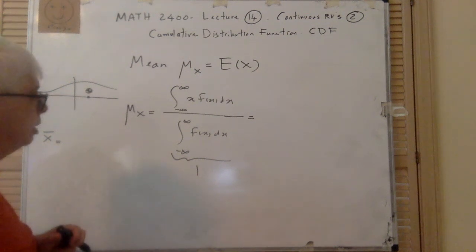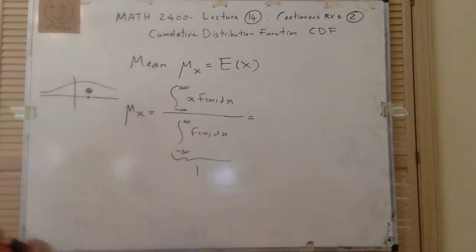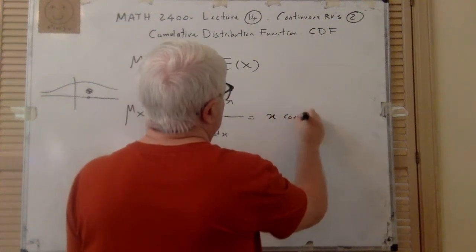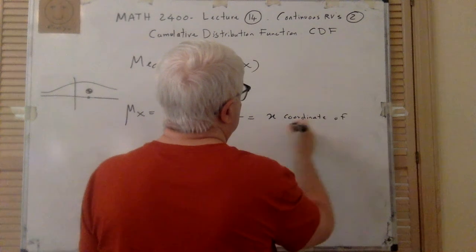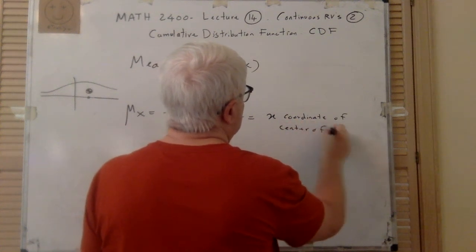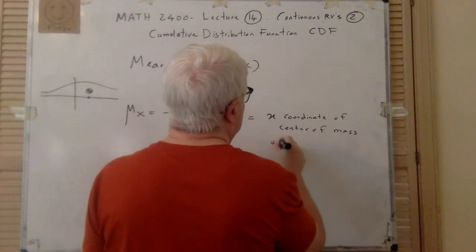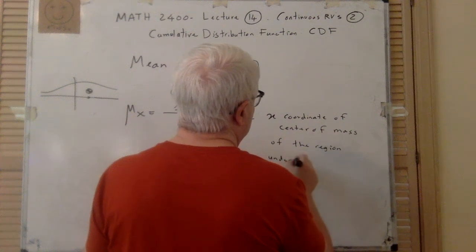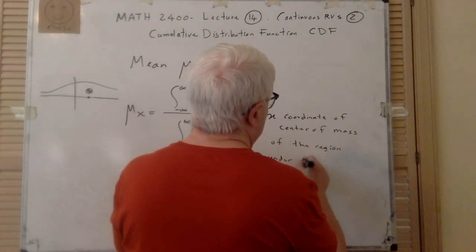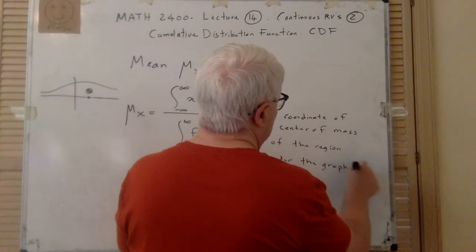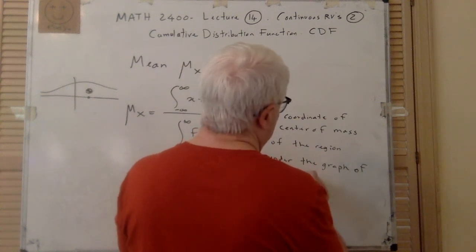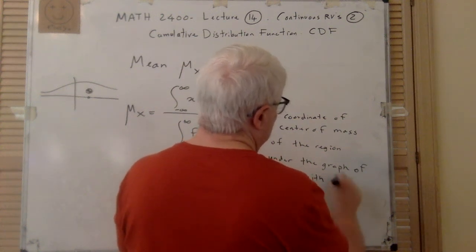So this is in fact the x coordinate of the center of mass of the region with rho equals 1.